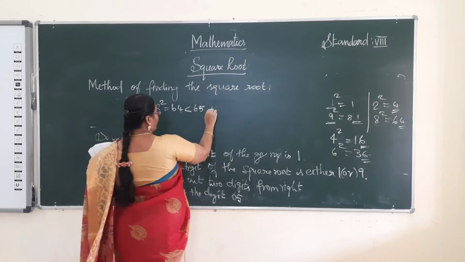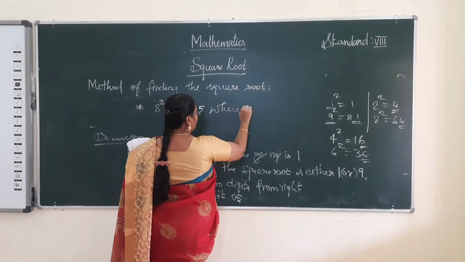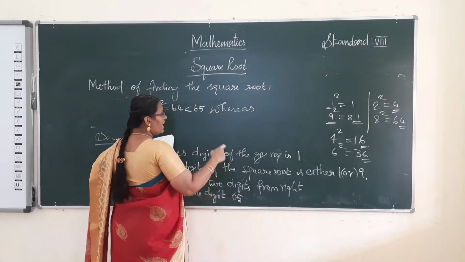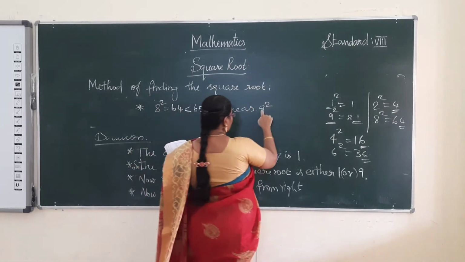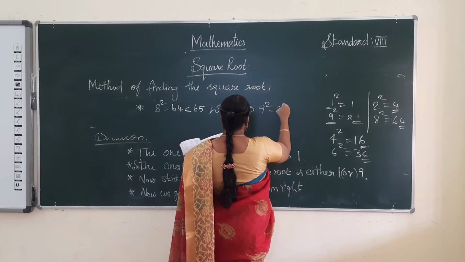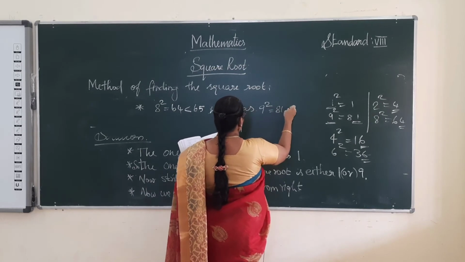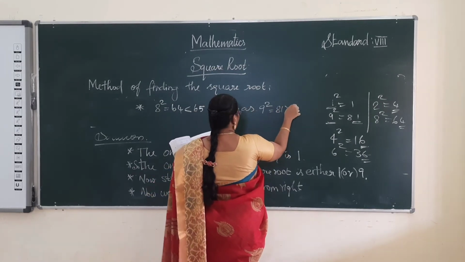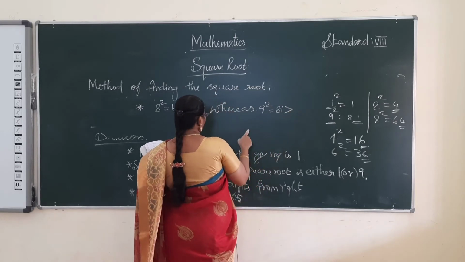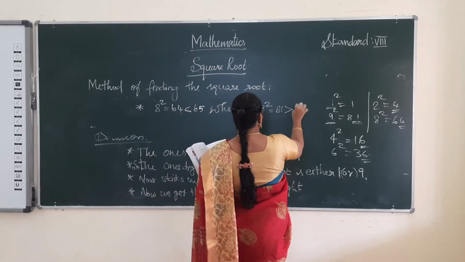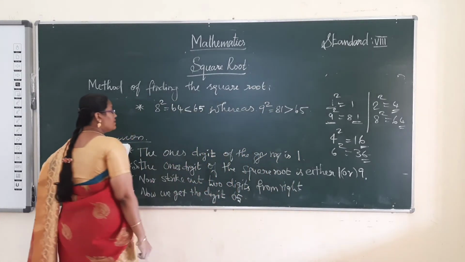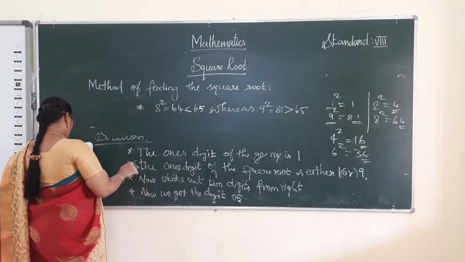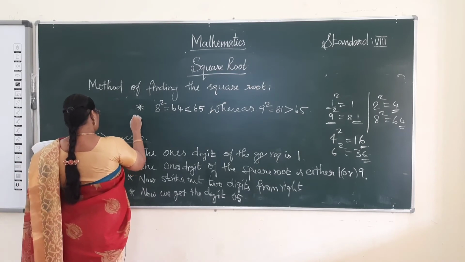Another possibility is 9 squared, the next consecutive square. 9 squared is 81, which is greater than 65.